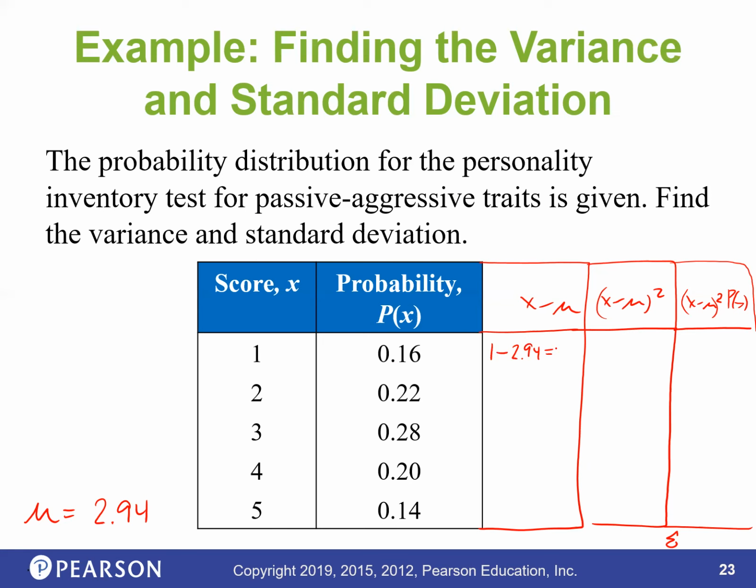Then we're going to square each one of them. And then we're going to multiply this column here, the probability column, with the previous column that we just made. So those two get multiplied together. And again, if you have a calculator with you, you want to try it yourself, go for it.